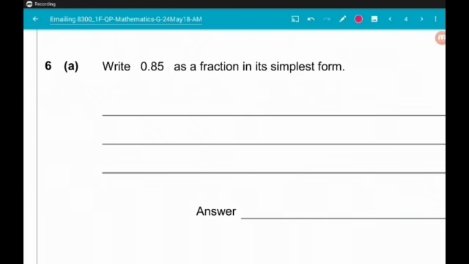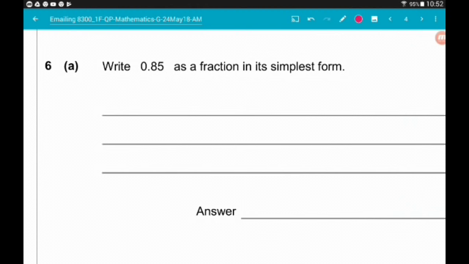6a wants us to write 0.85 as a fraction in its simplest form. So to do this, we need to remember our place value for decimals. So the 8 is in the tenths column, the 5 is in the hundredths column. Now you can read decimals in terms of their smallest place value.